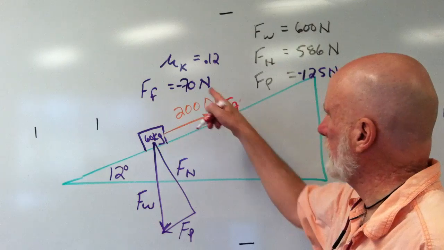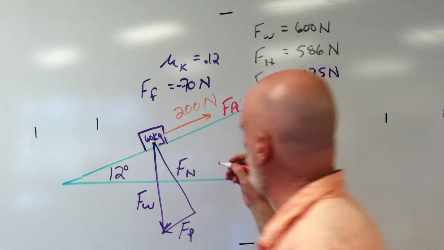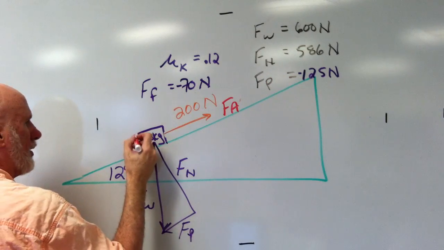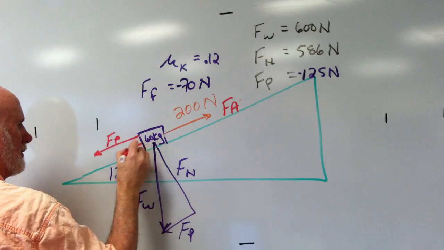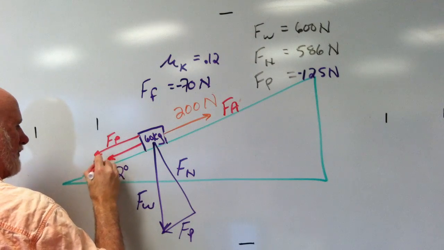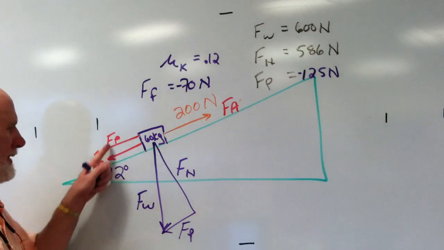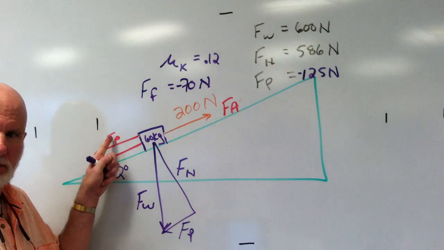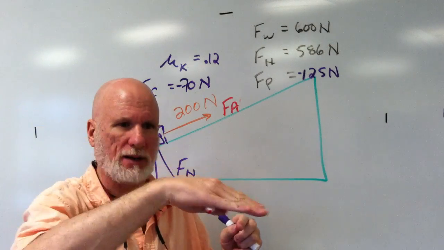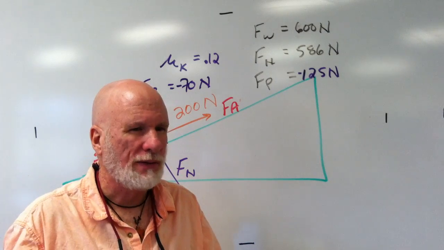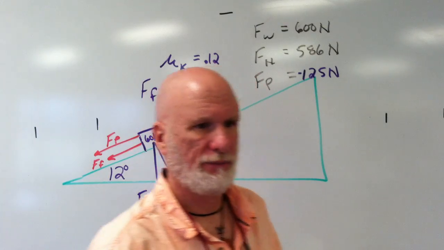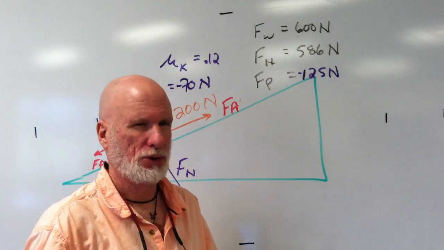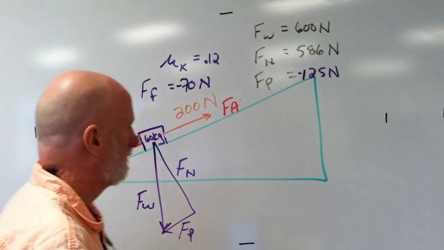So this is force P, and that's force F, the friction, and that's the parallel force. If you let go, that's the force that's going to make you go down the hill. We call it FP: push, pull, parallel, however you want to say it.